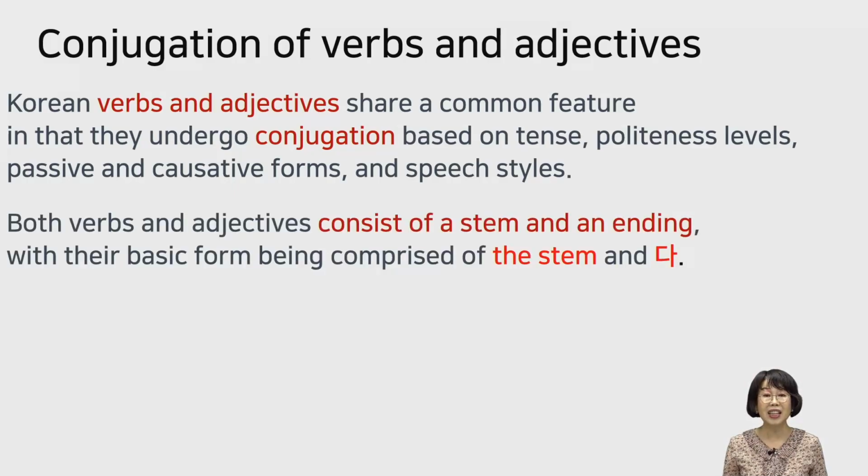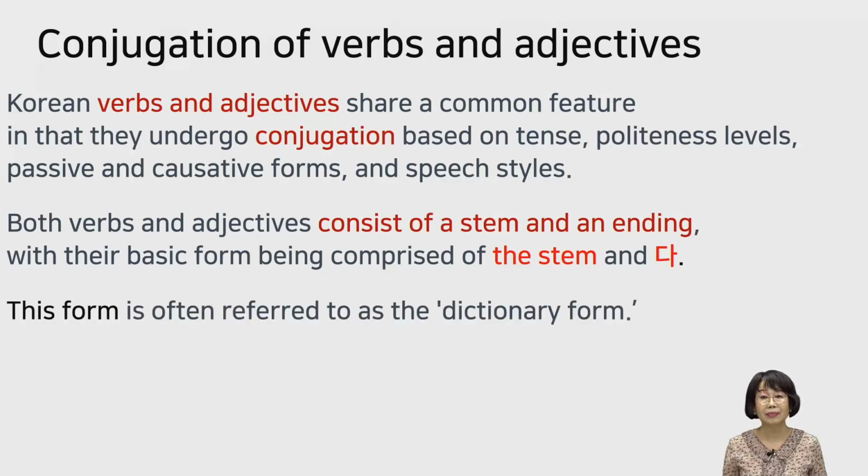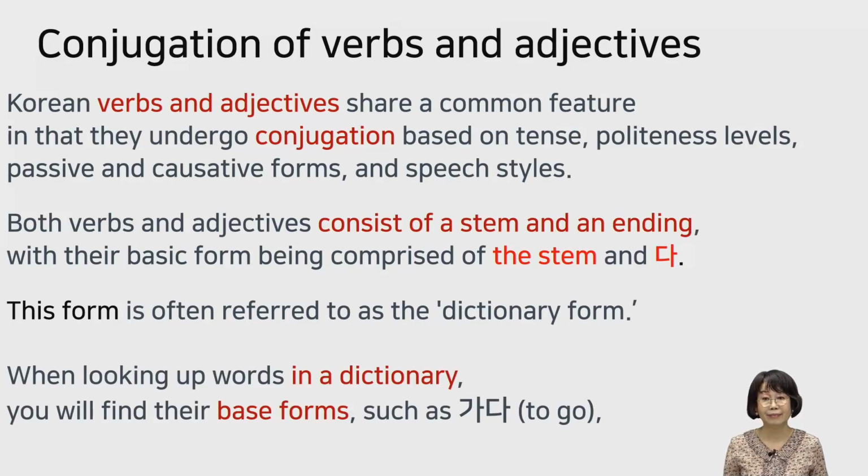Both verbs and adjectives consist of a stem and an ending, with their base form being comprised of the stem and 다. This form is often referred to as the dictionary form.